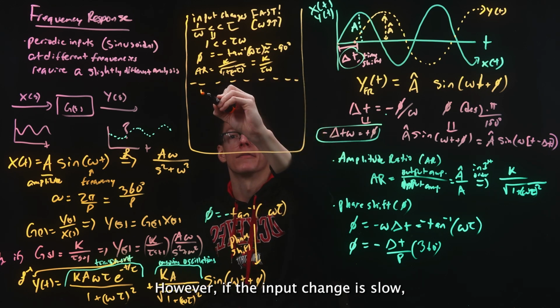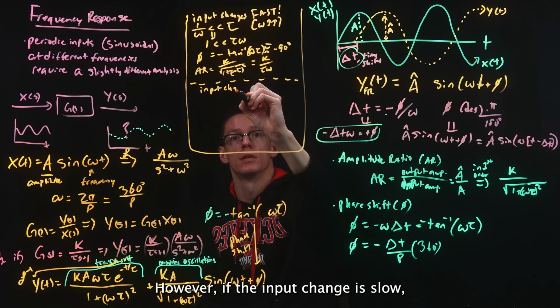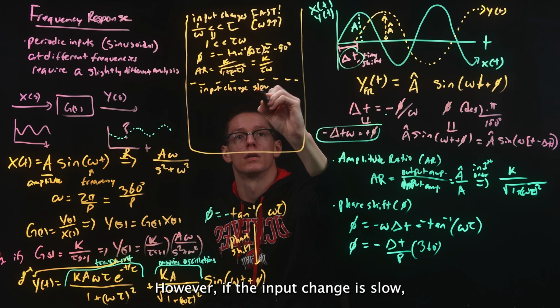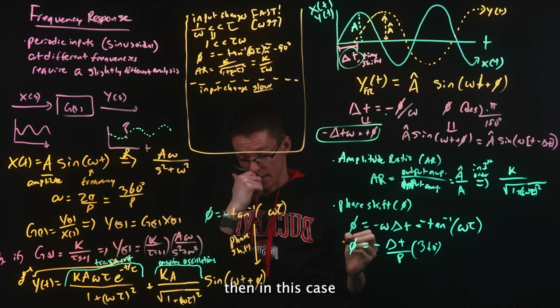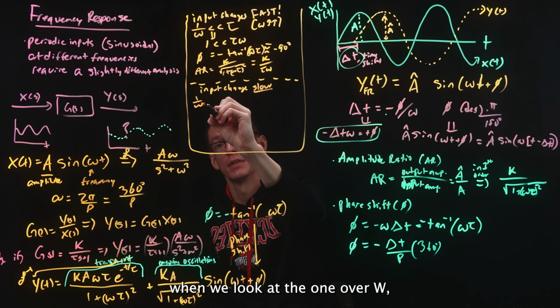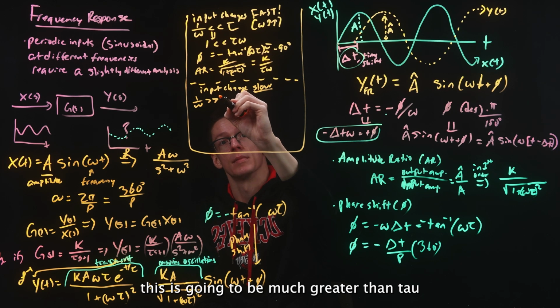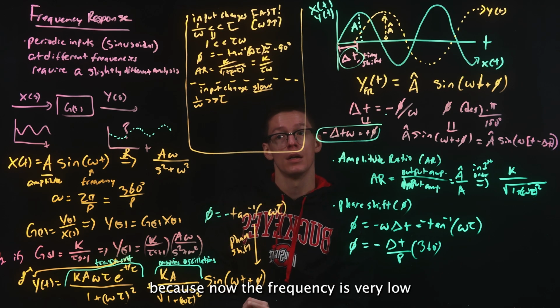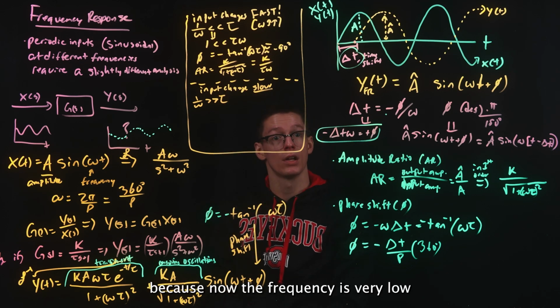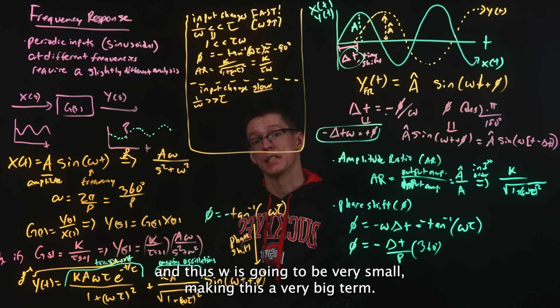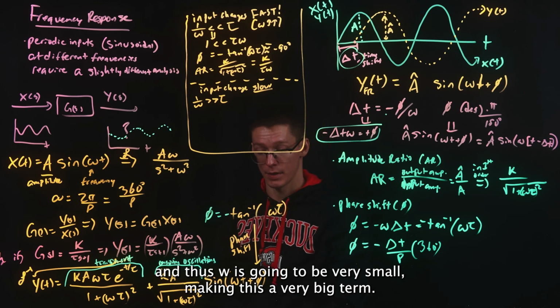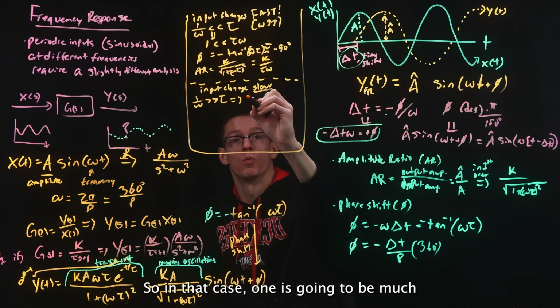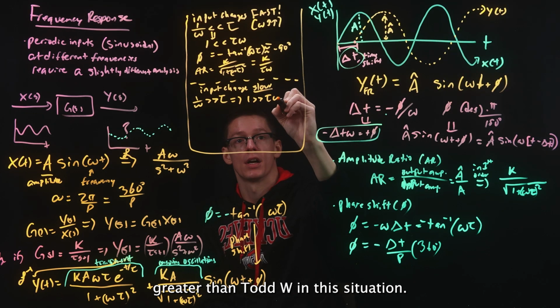However, if the input change is slow, then when we look at the 1 over w, this is going to be much greater than tau, because now the frequency is very low, and thus w is going to be very small, making this a very big term. So in that case, 1 is going to be much greater than tau w.